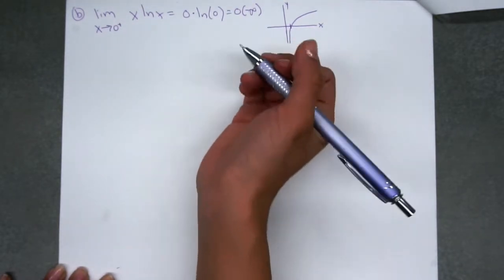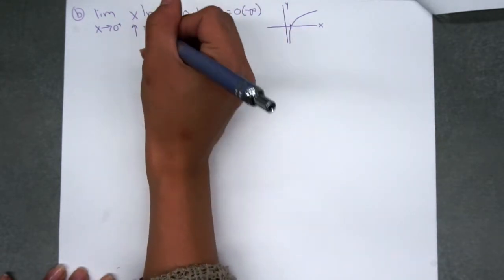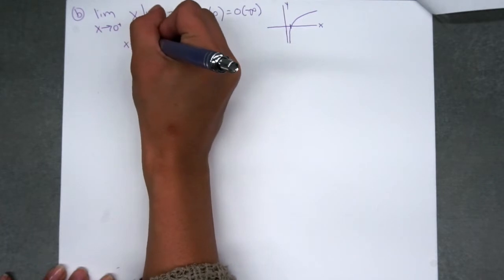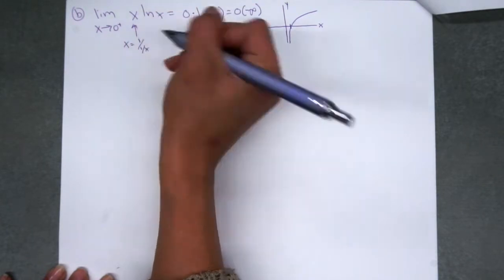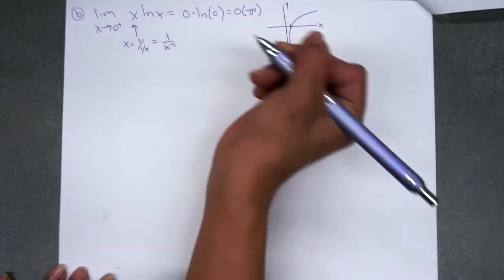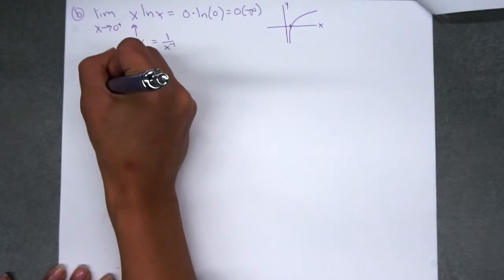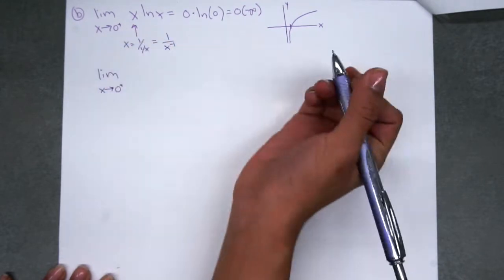To do that, I'm going to rewrite this x as 1 divided by 1 divided by x, which is equal to 1 divided by x to the -1 power. So putting it all together, we get this.